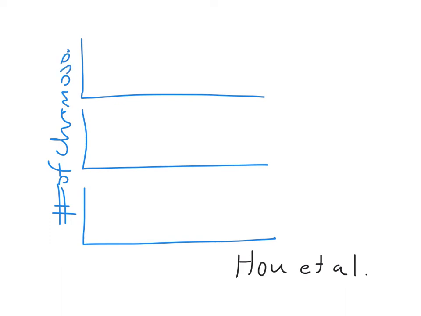So this is based on, I think the first author's last name was... So the y-axis was number of chromosomes, the x-axis was which chromosome they were looking at.